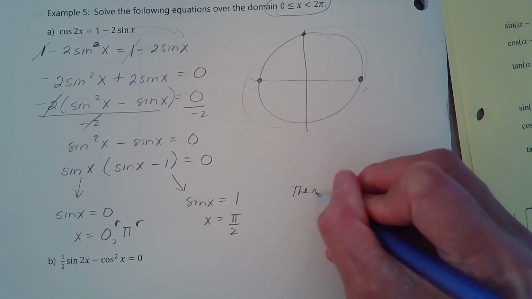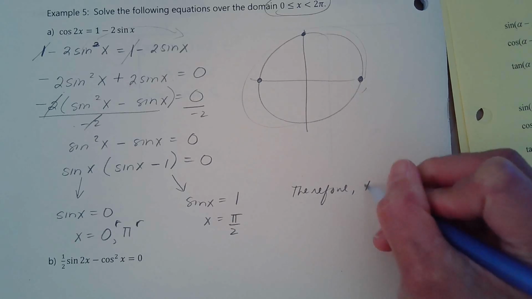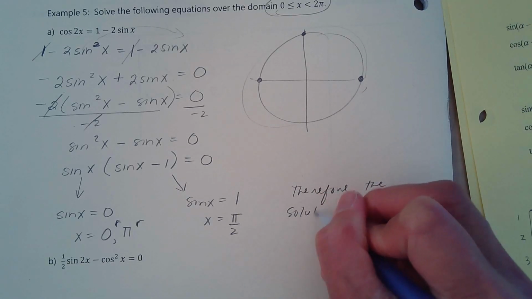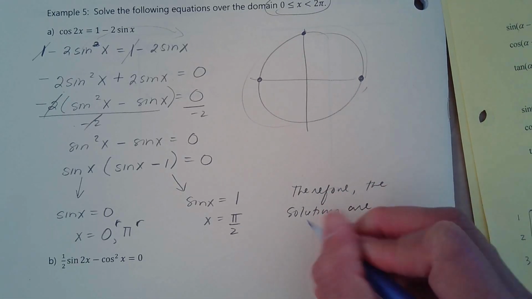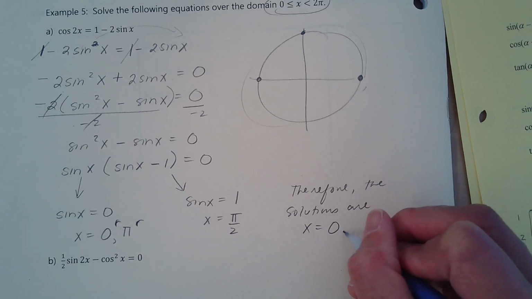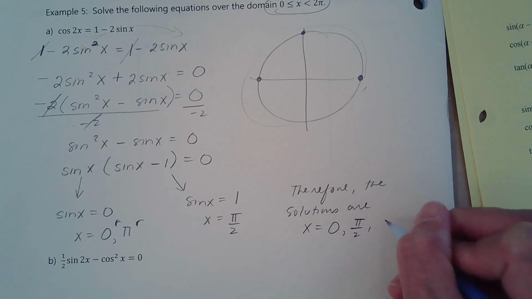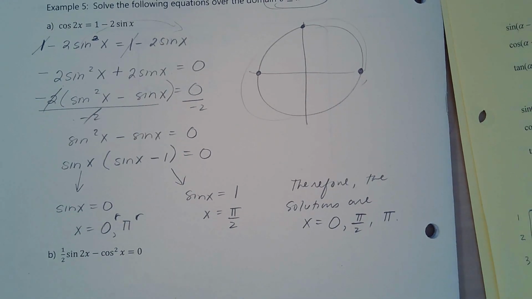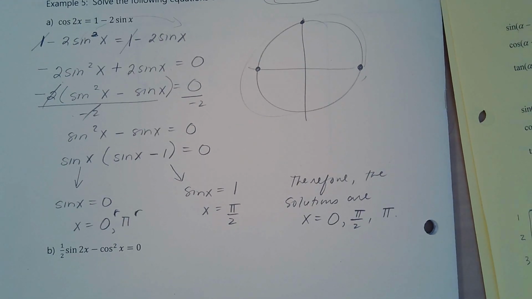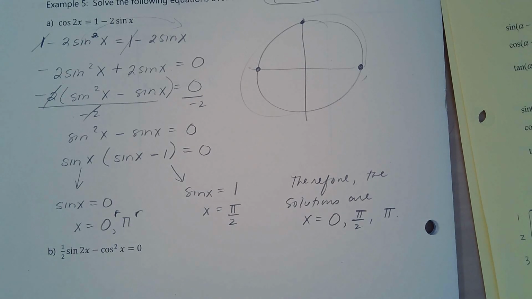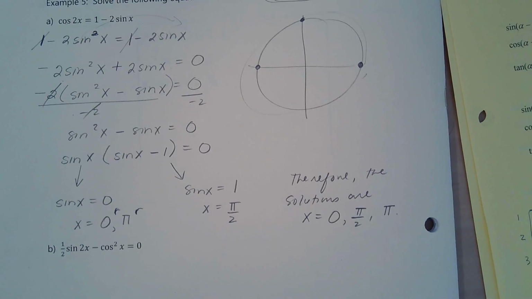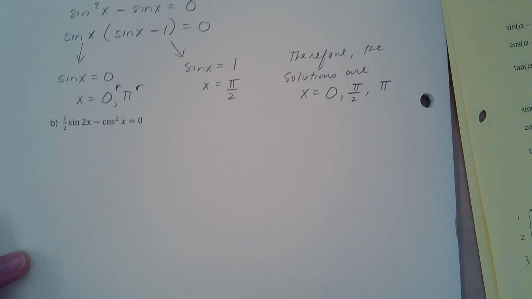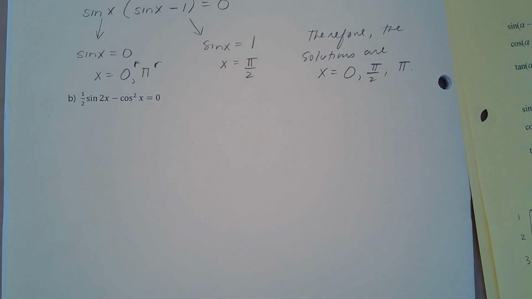So therefore, the solutions are 0, pi half, and pi. Is that okay? Now, let's see this one.